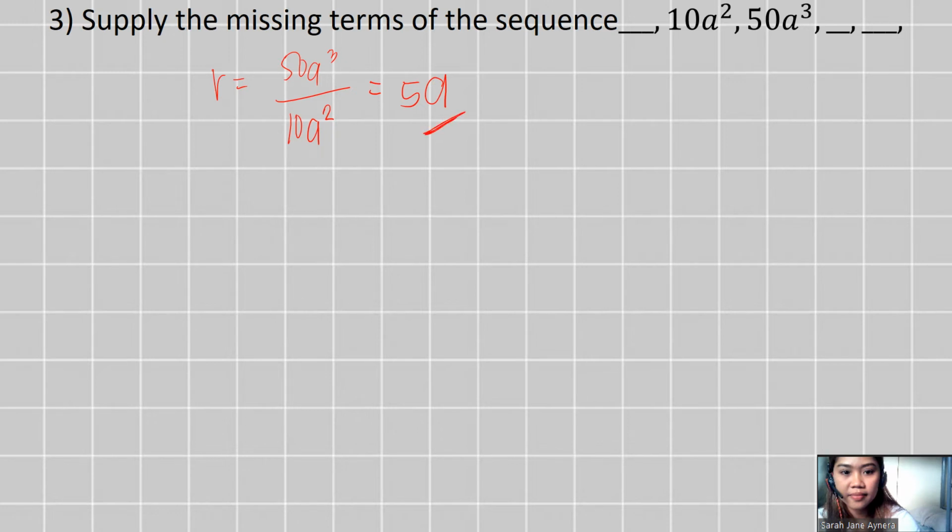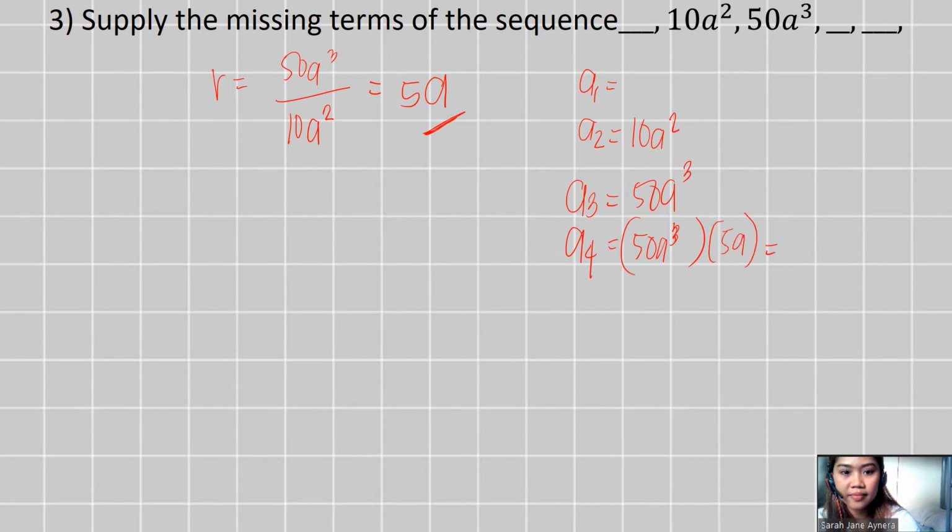Now, what will be the next term? So, we have here a sub 1, which is unknown yet. A sub 2 is equal to 10a squared. A sub 3 is equal to 50a cubed. A sub 4 is, we simply multiply the preceding term by the common ratio, 5a.